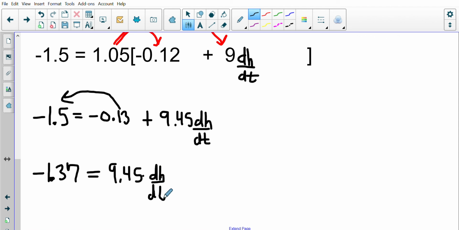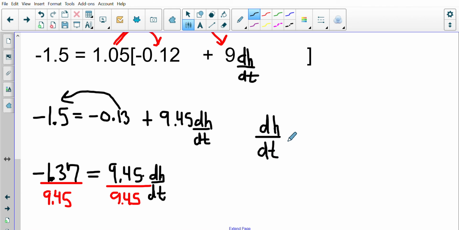All right, and now I'm going to divide both sides by 9.45 to get dh dt by itself. And so dh dt is equal to negative 1.37 divided by 9.45, so it's going to be minus, and to 2 decimal places, I get 0.15 centimeters per second.